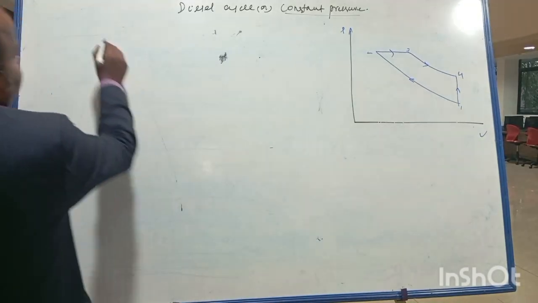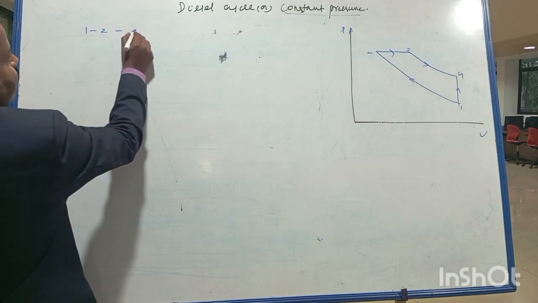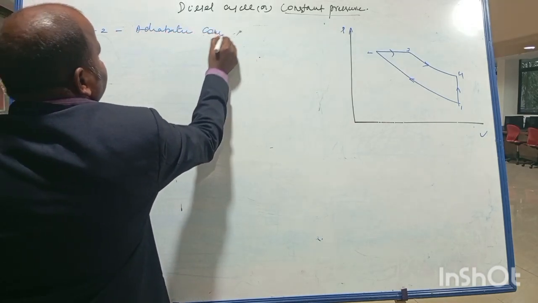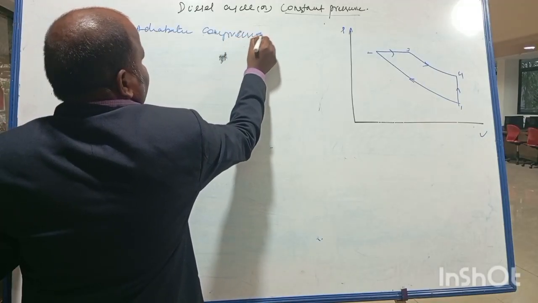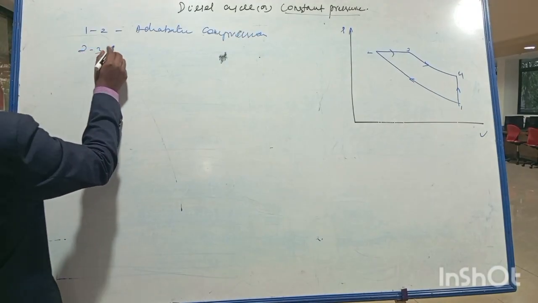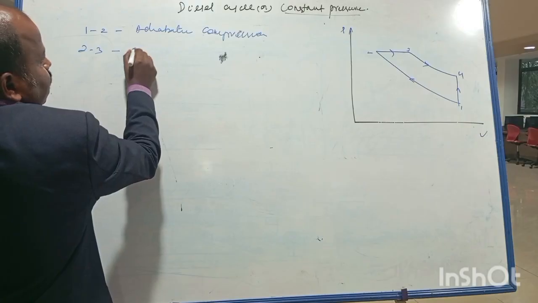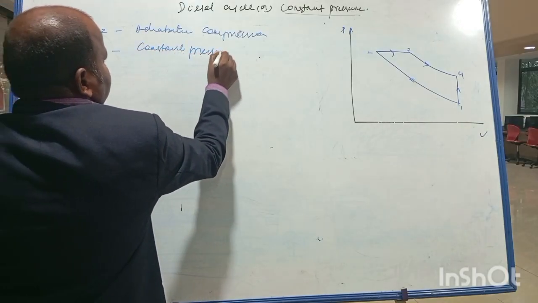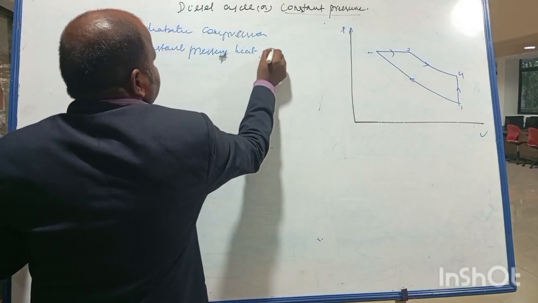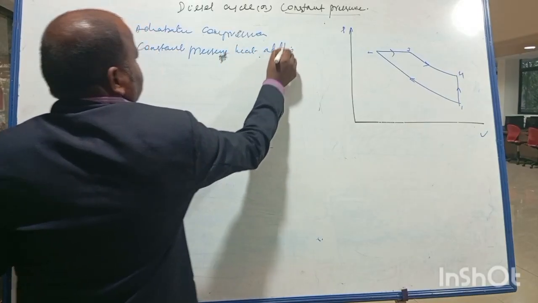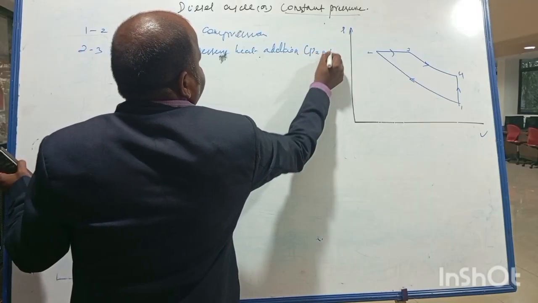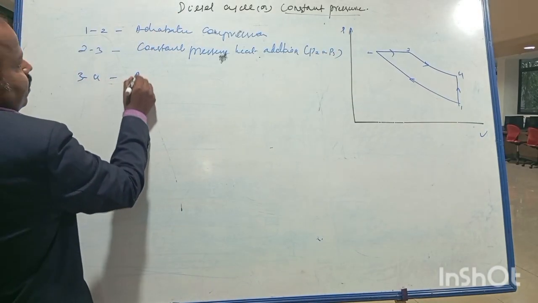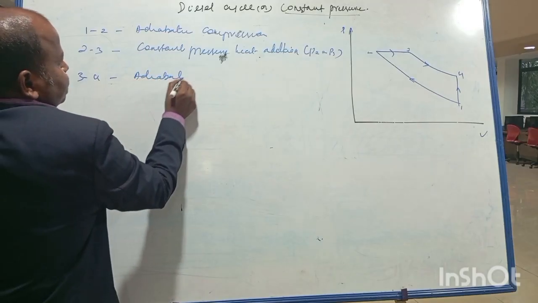I will explain. 1 to 2 is adiabatic compression. 2 to 3 is constant pressure heat addition, that is, P2 should be equal to P3. 3 to 4 is adiabatic expansion.